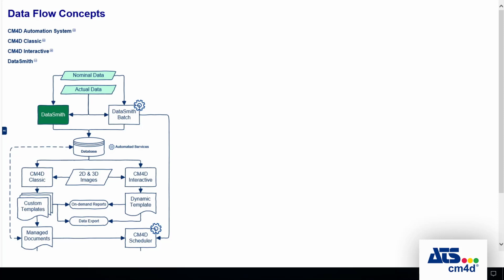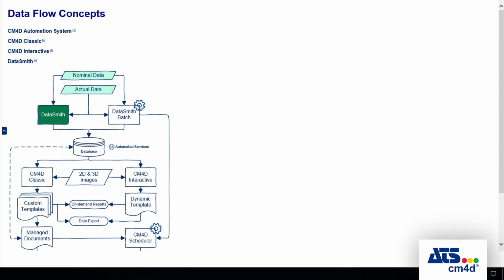And here in this illustration, which is found at atshelp.com under version 21, I'm showing a data flow concept for the DataSmith module of CM4D. It's the one here in green. As you can see, it's illustrating how nominal data and actual data can be taken and loaded into the DataSmith module.